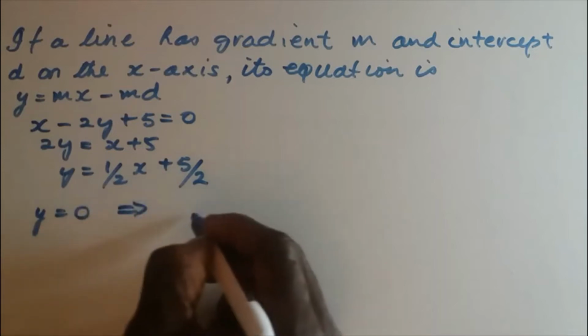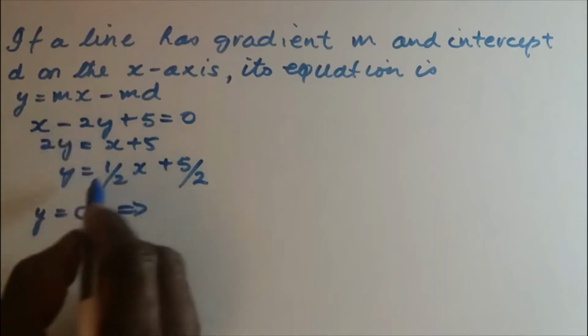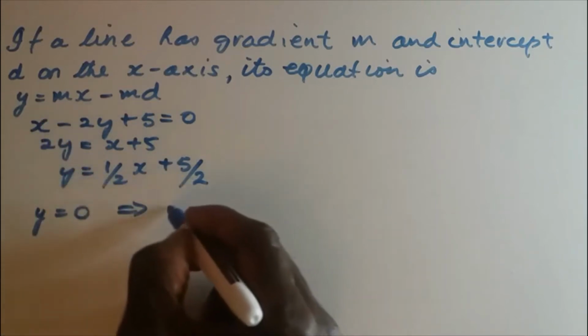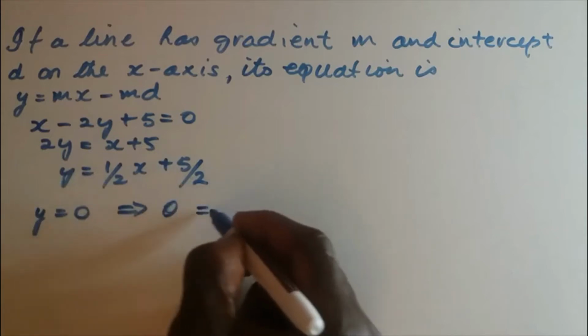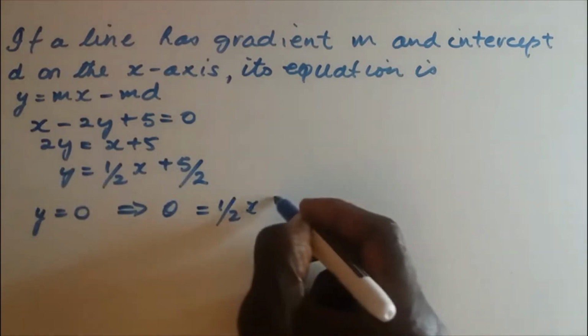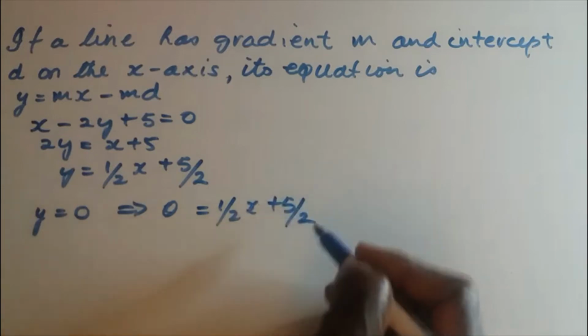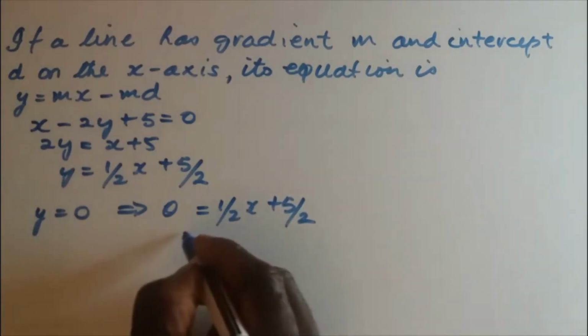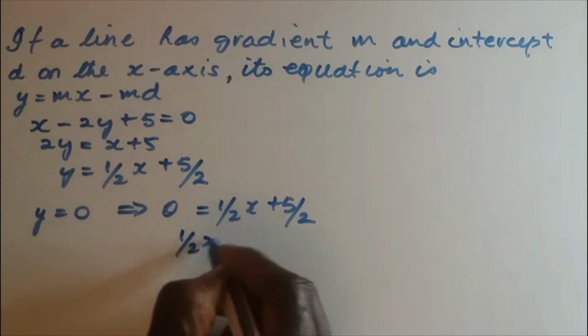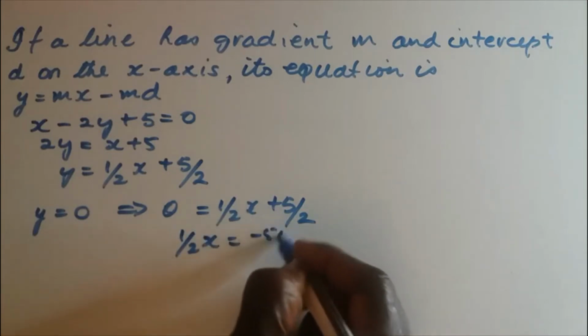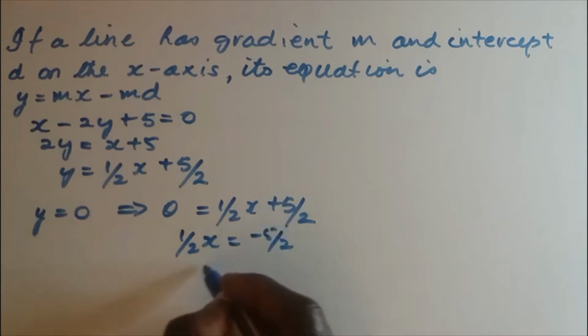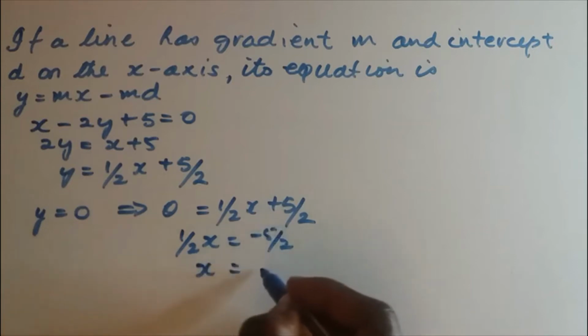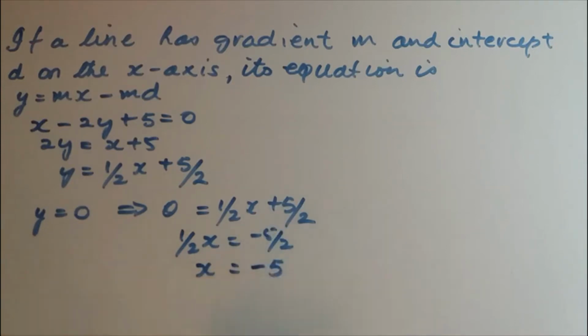So we have 0 equals half x plus 5 over 2, so half x equals minus 5 over 2, which means x is equal to minus 5.